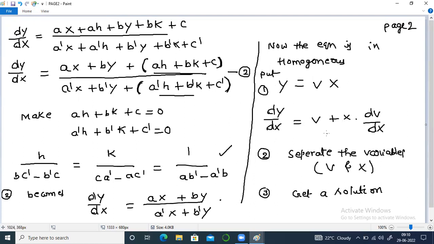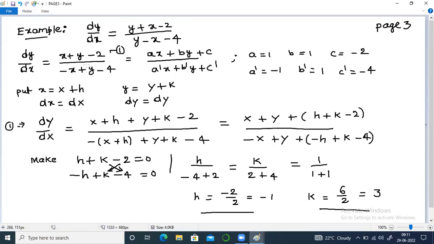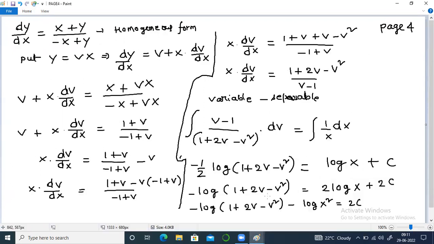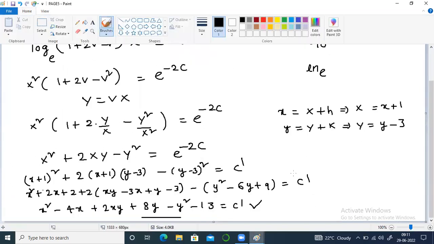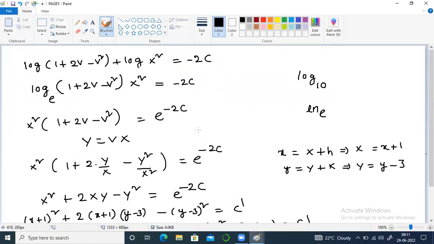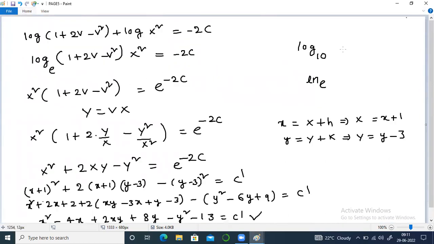Even in the previous step we have done. So far till page 2 we have covered theory. In page 3 we have taken an example, and then we solved that equation. Even in page 4 we got the procedure. Still in page 5 it is continued. In page 5 we got the complete solution.